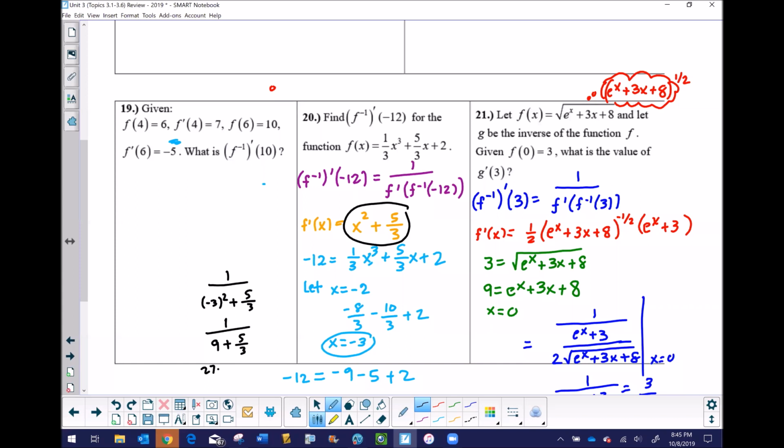So all of the stuff in the denominator is equivalent to 32 thirds. And once that's reciprocated, your answer should be 3 over 32. If I went too fast, I've got a pretty good write-up on this one that you can see on the review guide. So you should be okay.